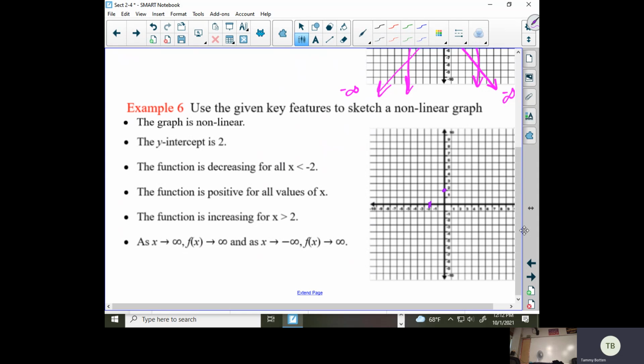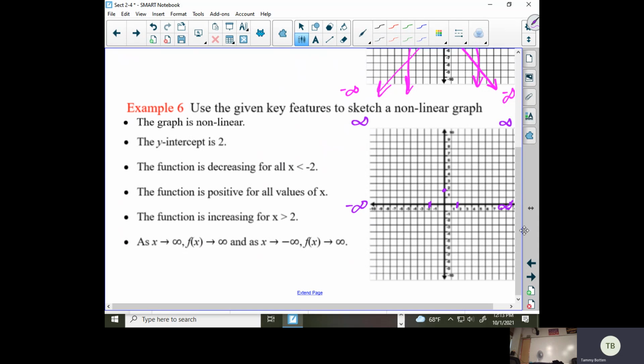So what that means is my graph is above the x-axis, okay? Then it says the function is increasing for all x greater than 2. Okay, and then it says as x approaches infinity, over here our function is going up to infinity. As x approaches negative infinity, our graph is going up to infinity.